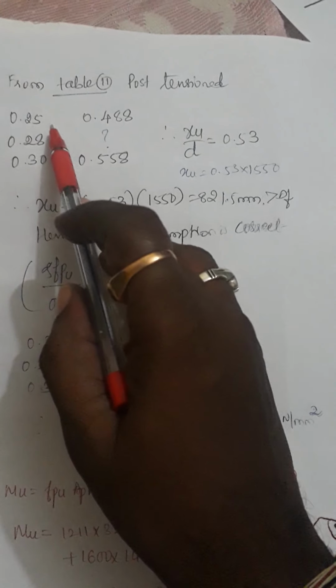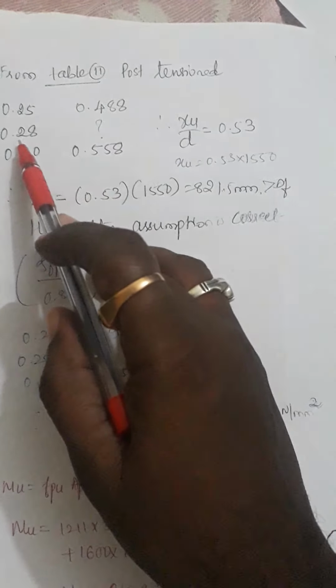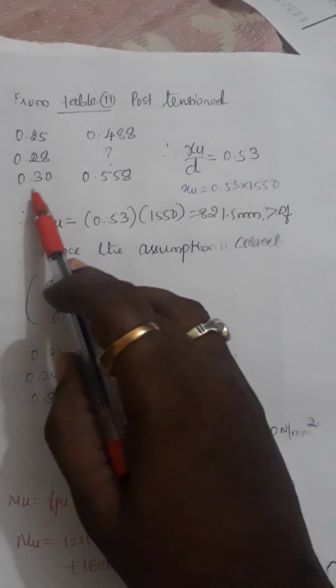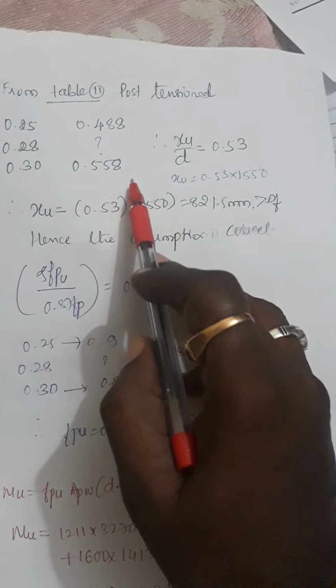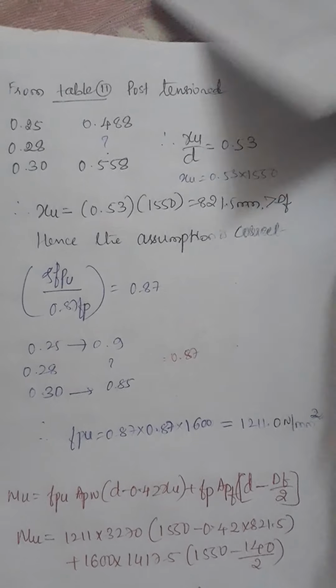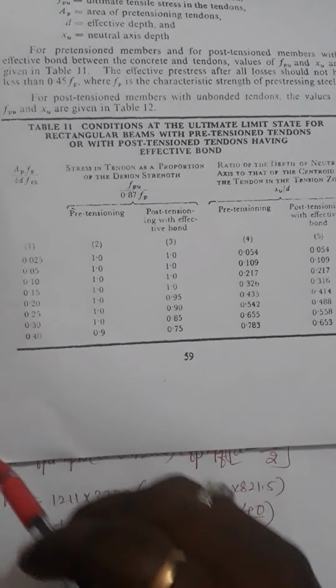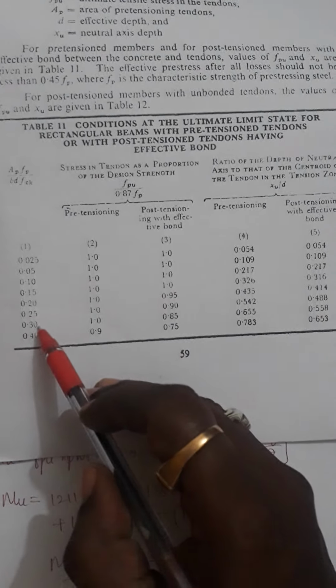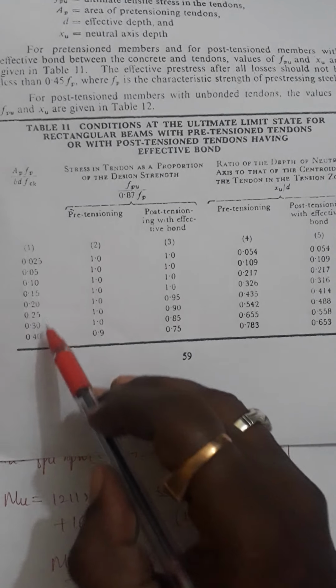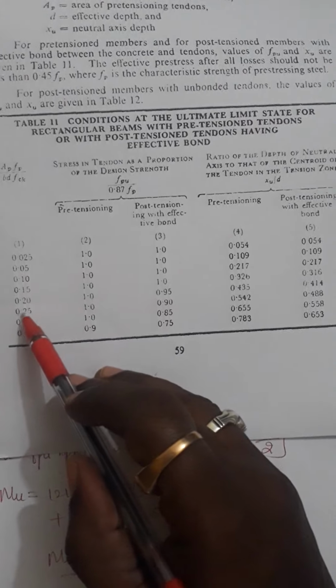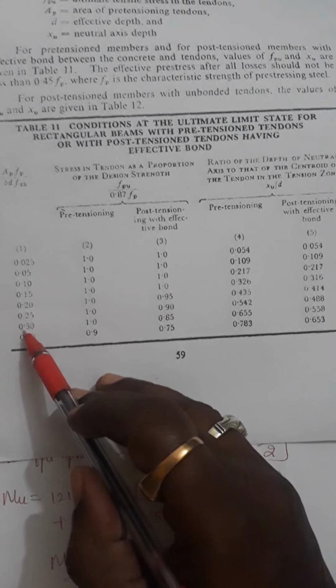For 0.25 we got 0.488. So for 0.28 how much? For 0.3 it equals 0.558. So see table number 11. We got the value 0.28. It lies between 0.25 and 0.30.